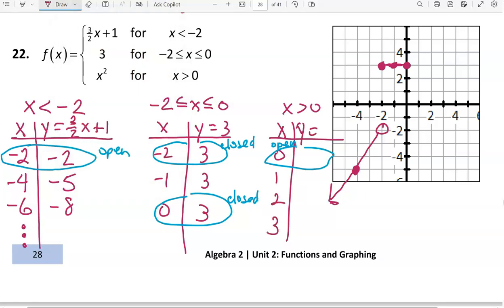And our y values here are equal to x squared. 0 squared is 0, 1 squared is 1, 2 squared is 4, 3 squared is 9. 0, 0 gets an open circle. 1, 1, 2, 4, and we can't graph 3, 9, but this should be a familiar parent function to y equals x squared, but we're just looking at the right half of that parabola. And then an arrow on the end to indicate that x greater than 0 continues rightward.